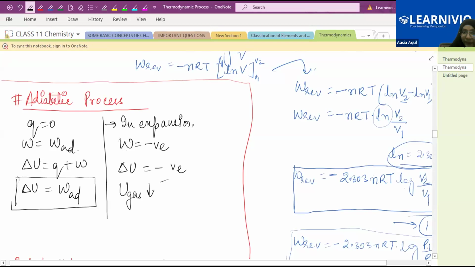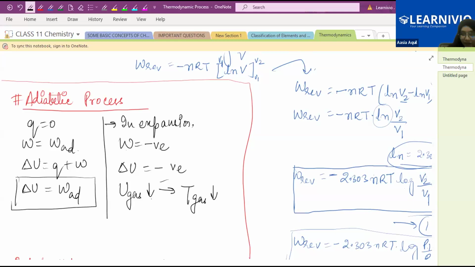It means the temperature of the gas will also decrease in the expansion, because every molecule of the gas moves far apart. The energy is not being transferred, and due to that the internal energy of the gas decreases. Why does it decrease? Because the temperature of the gas decreases in the expansion process where the adiabatic process is there.